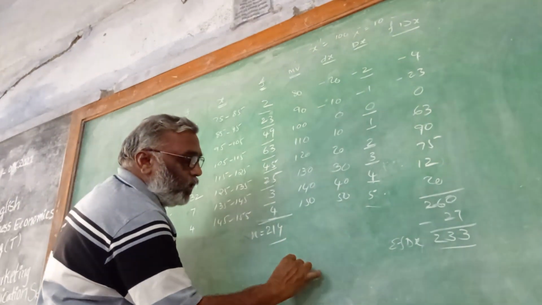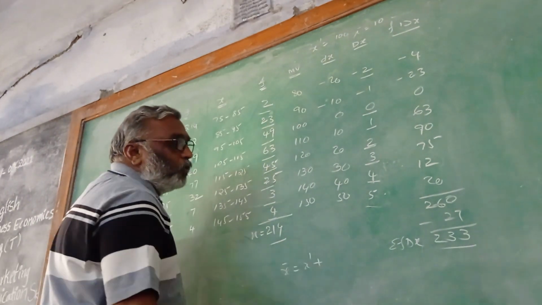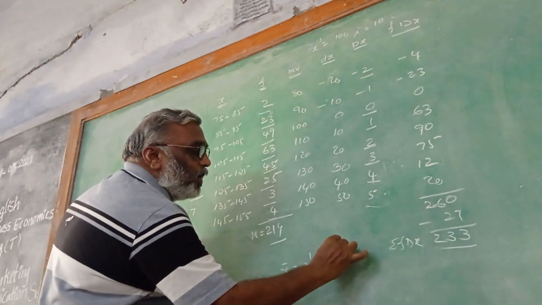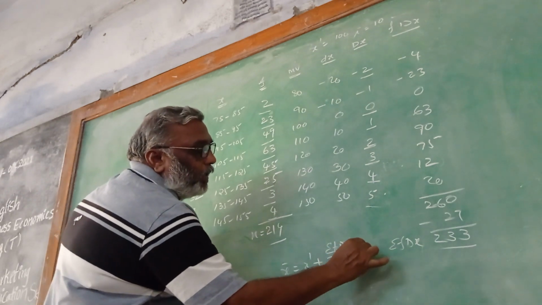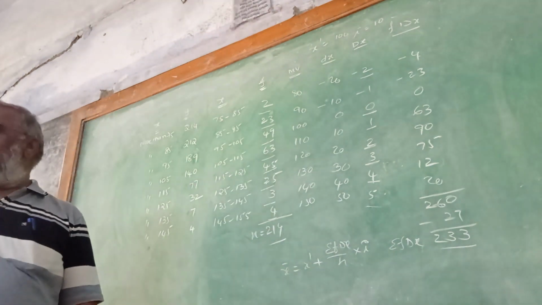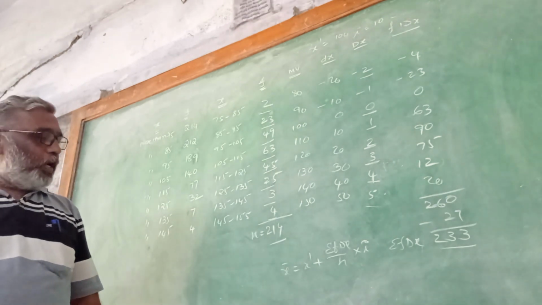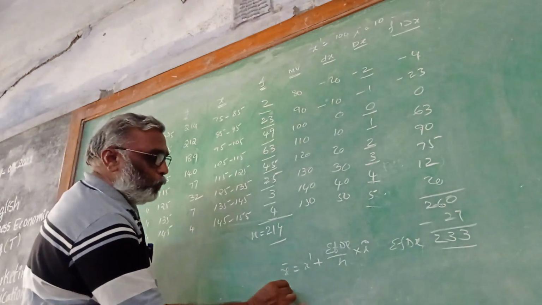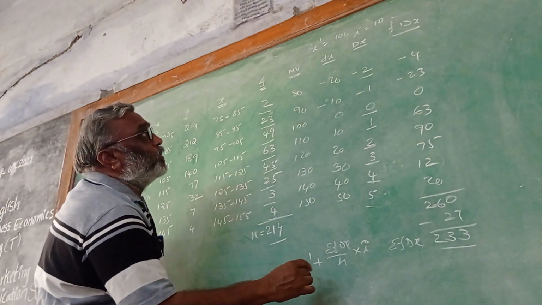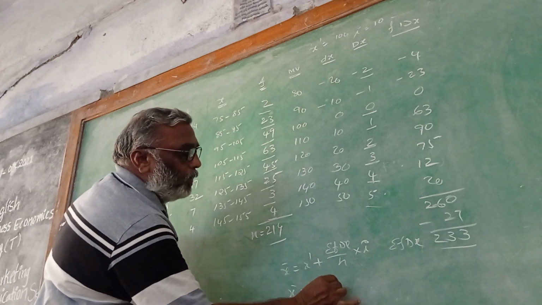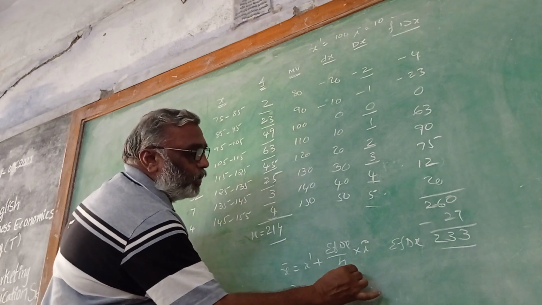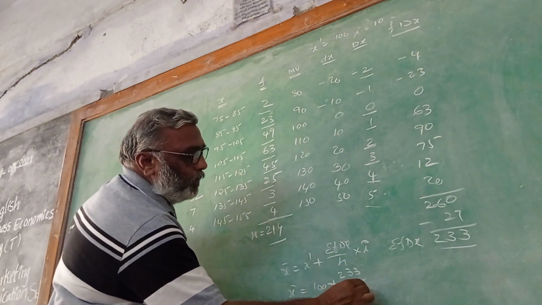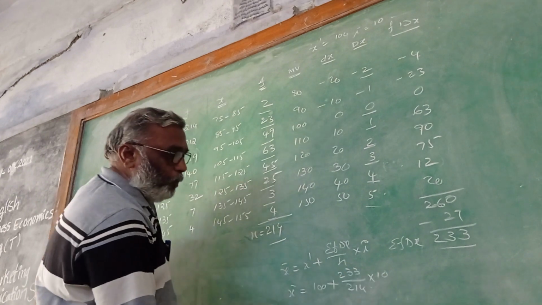X bar is equal. What is the formula to find out arithmetic mean? X bar is equal to x dash plus sigma f capital Dx by n into I. X dash is equal to 100 plus 233 by n, 214, into 10.